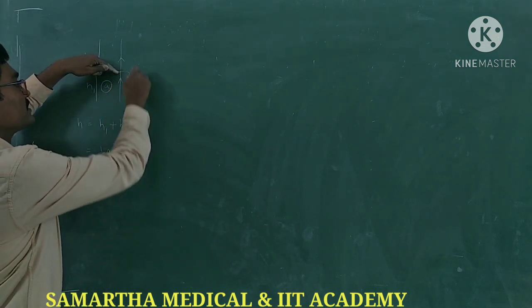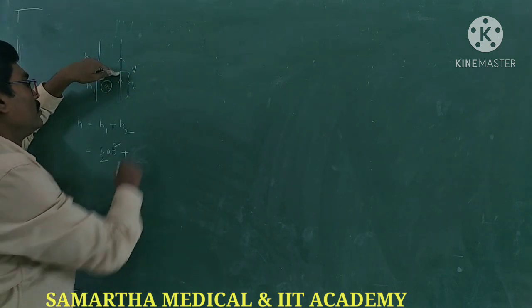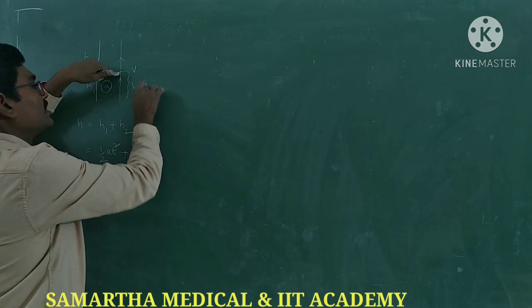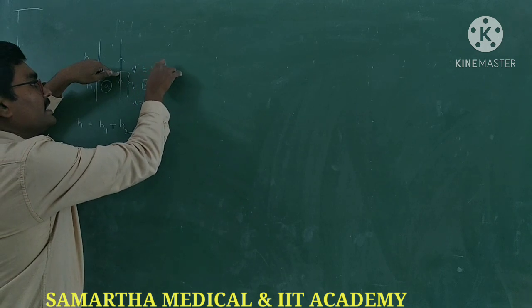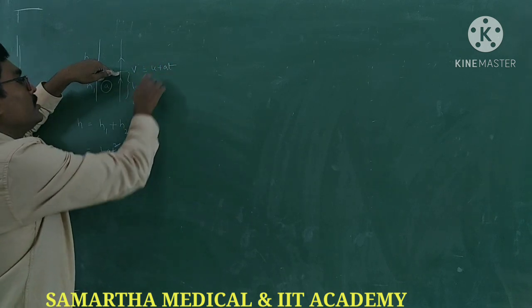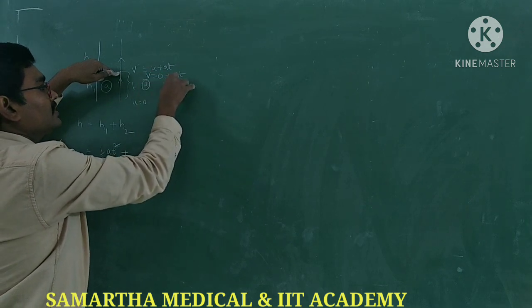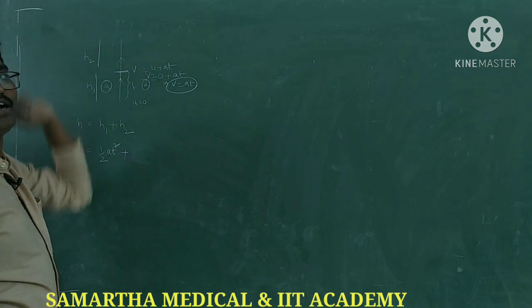After this time t seconds, it acquires a velocity v. It started from rest, going upward with an acceleration a. So v is u plus at, with u equal to 0. So v is equal to at. That is the velocity acquired after time t seconds, when the fuel is burnt off.